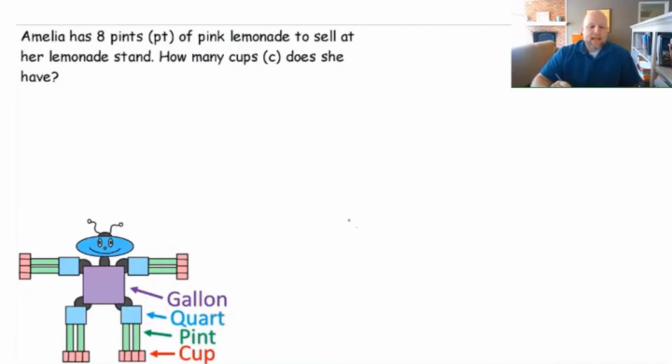Let's try another one. Amelia has 8 pints of pink lemonade to sell at her lemonade stand. How many cups does she have? Well, our pints are these green shapes, and she has 8 pints. So let's do 8 pints times the amount of cups each pint has. Each pint has 2 cups, so we'll multiply that by 2. That equals 16.